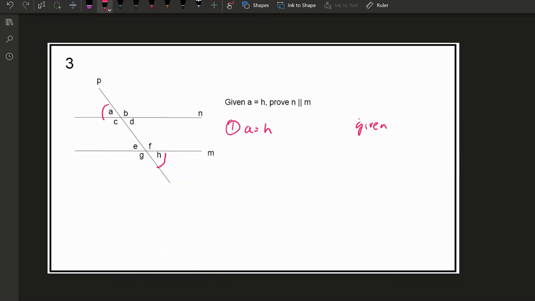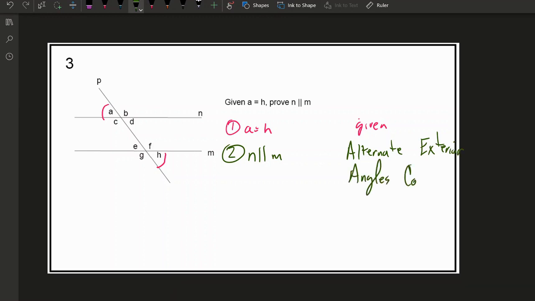And if the alternate exterior angles are congruent, then the lines must be parallel. So now I can just say N is parallel to M because of the alternate exterior angles converse. And that's it.